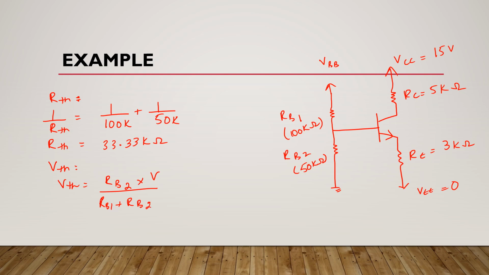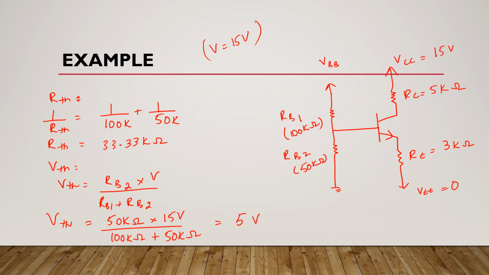Suppose here V is 15 volts, so we write 50 kilo ohms multiplied by 15 volts divided by 100 kilo ohms plus 50 kilo ohms, and it will give you 5 volts. So this is the value of VTH or VBB.